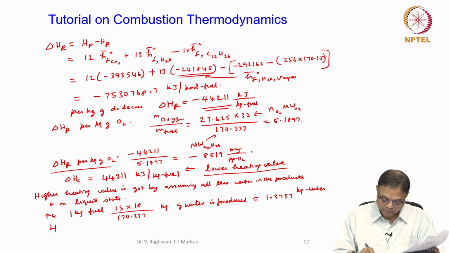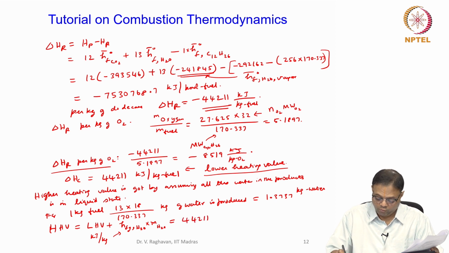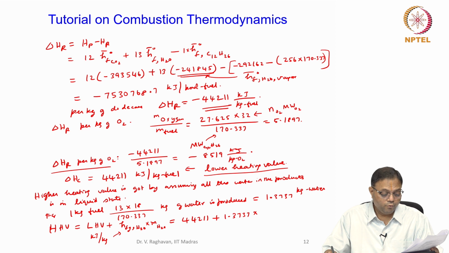So the higher heating value HV will be equal to the lower heating value plus HFG of H2O. This HFG should be in kilojoule per kg, so into the mass of water vapor produced. That will be equal to 44211 lower calorific value plus 1.3737, which we have calculated, into 44010 divided by 18.